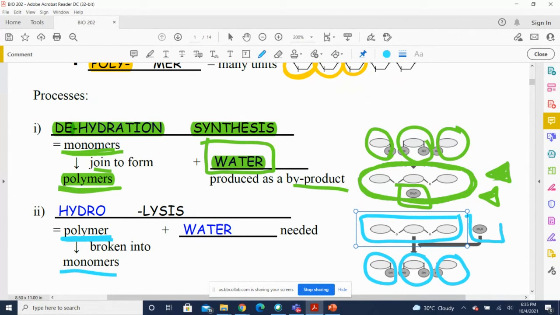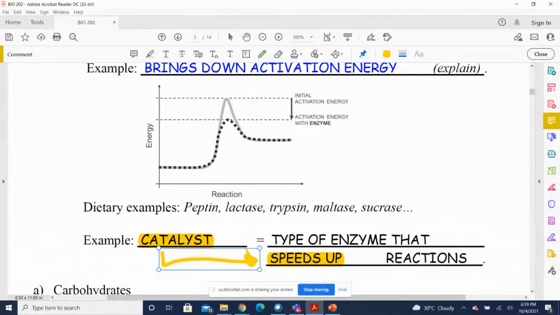A catalyst is an example of one type of enzyme, and what catalysts do is speed up these reactions. So catalysts are enzymes that speed up reactions. However, not all enzymes are catalysts.